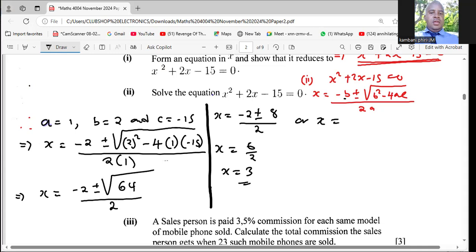Or x is equal to negative 2 minus 8, negative 10, divided by 2. Therefore, x is equal to negative 5.